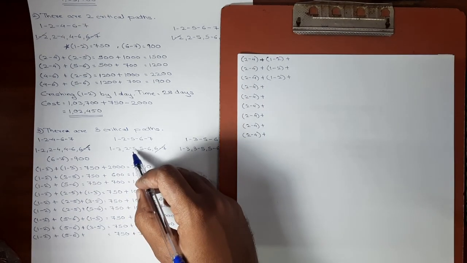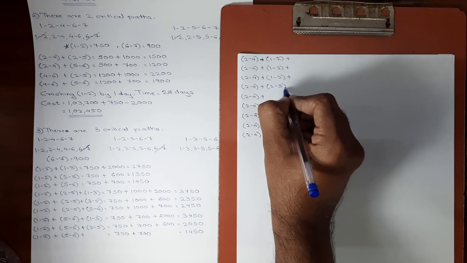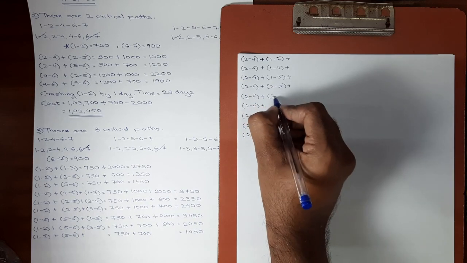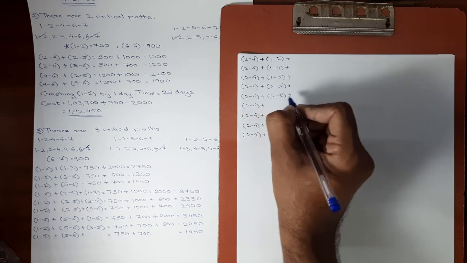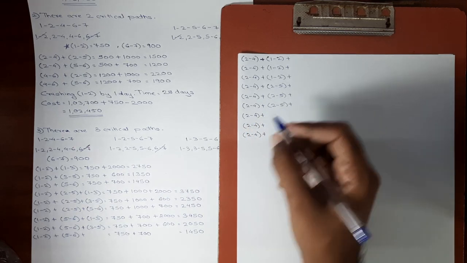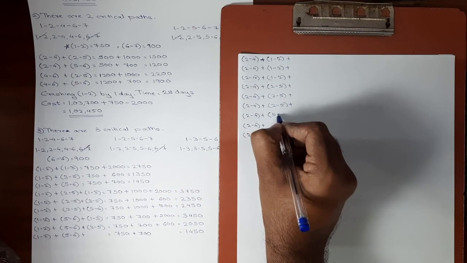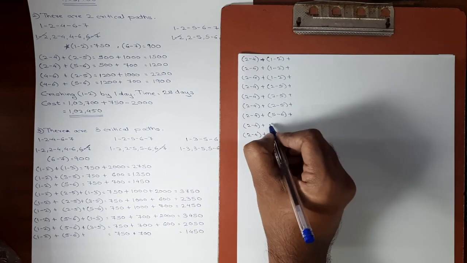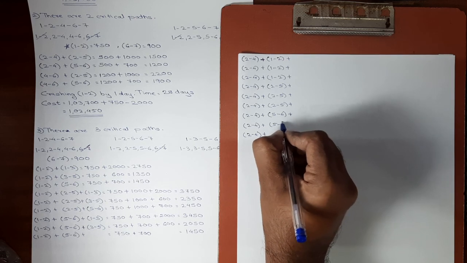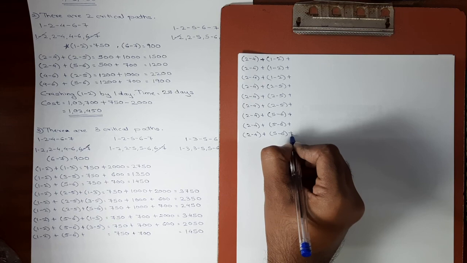Next will be 2 5, written thrice: 2 5 plus 2 5 plus 2 5 plus. The last activity is 5 6, also written thrice: 5 6 plus 5 6 plus 5 6 plus.